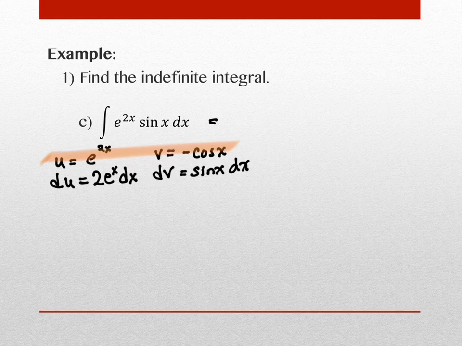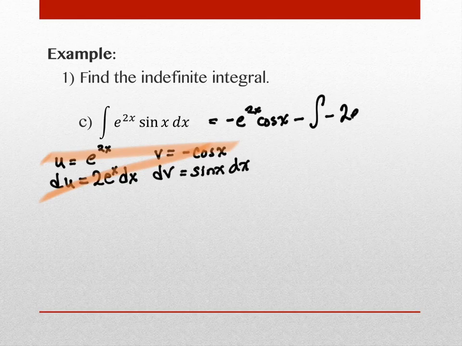Multiply across the top. I'm going to put the negative in front, so this is negative e to the 2x cosine of x, minus the integral, and then I'm going to multiply along the opposite diagonal. So I've got another negative, so negative. I'll cancel my negatives in a second, but I'm going to write it there for the moment so that if you're looking back later, you see where it went.